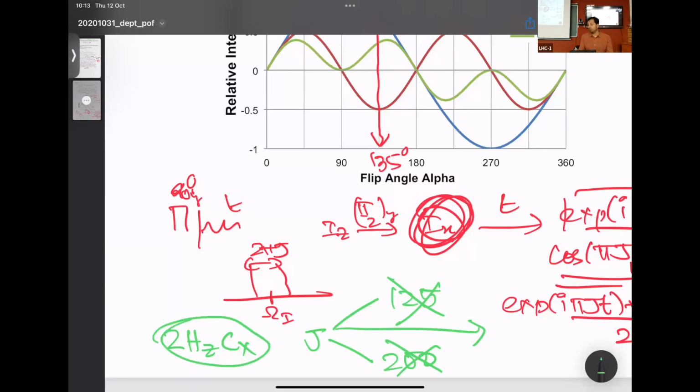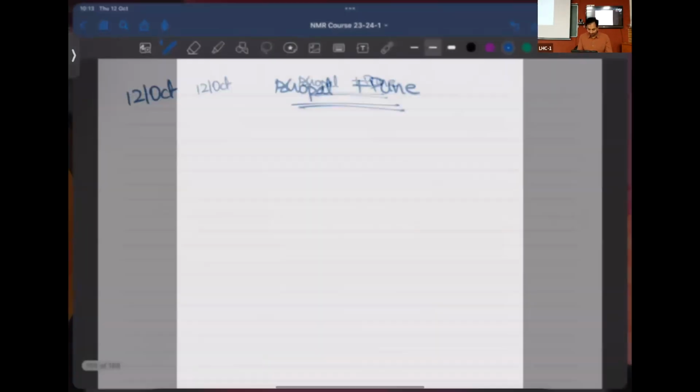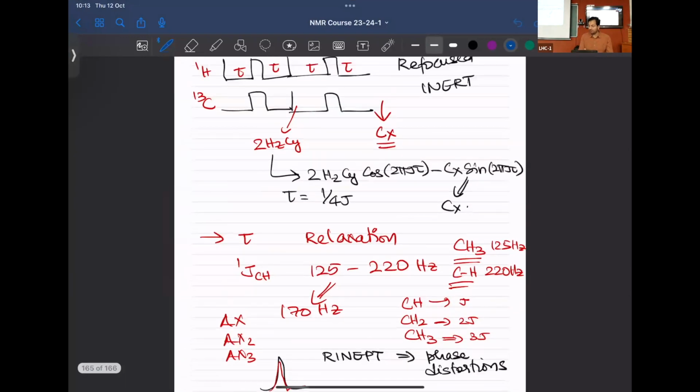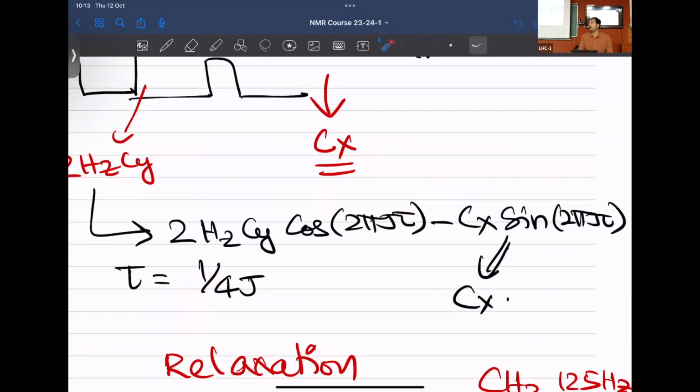The reason why you set such delays, let's go back, is to maximize one part whenever you have something like this. But if the J is not properly set, this will not completely go to 0. We set 2 pi J tau to pi by 2 to kill this. But the moment the J is not properly set, this will not go to 0, and you have other terms that will cause distortions.